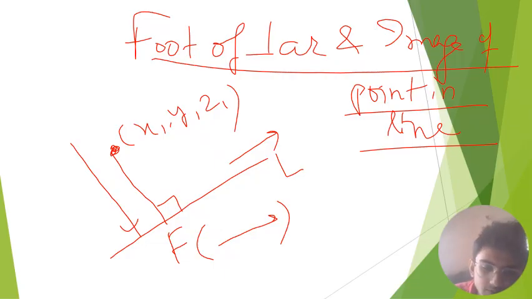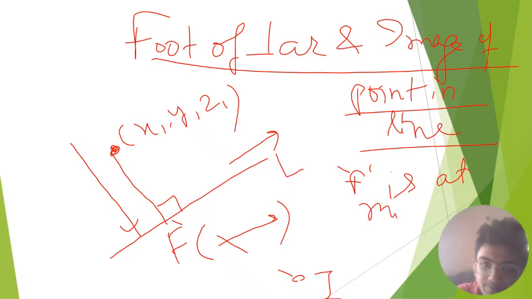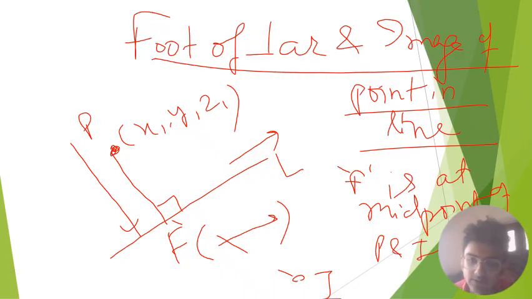Then using that lambda you can write the foot of perpendicular, and the image will be located at double the distance, or you can say the foot of perpendicular is at the midpoint of P and I, as simple as that. Okay, so this is your foot of perpendicular, this is your image, and it's very easy. In the problem solving session we will take questions on this topic and then we'll discuss.